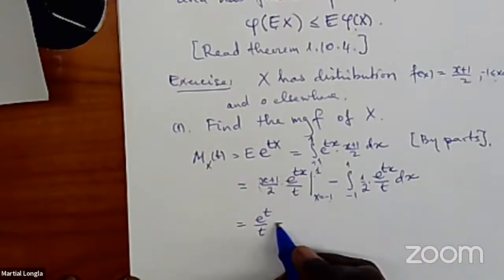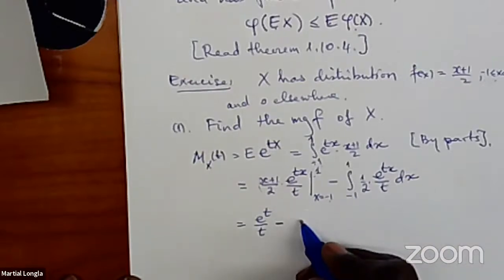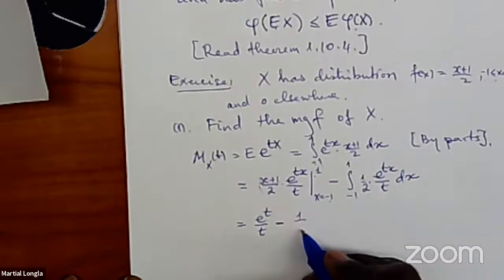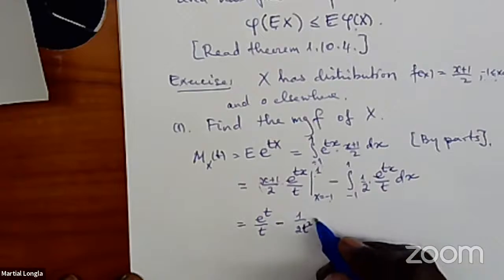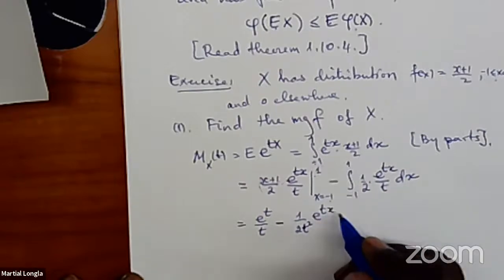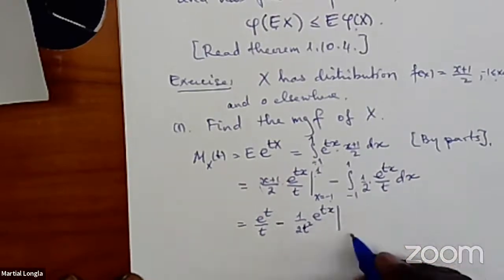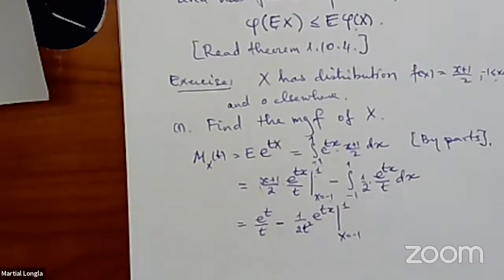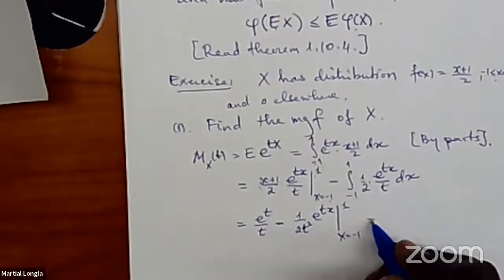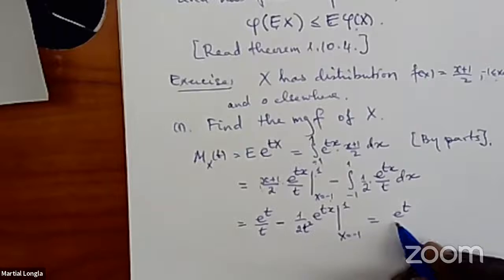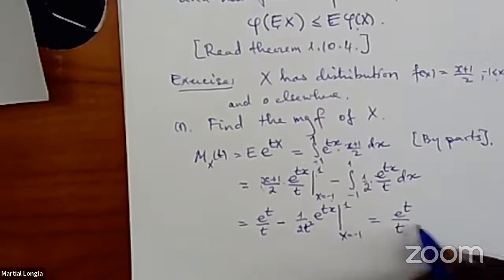And minus 1 over 2t squared e to the tx. Then you plug in minus 1 and 1 for x. This gives you e to the t over t.